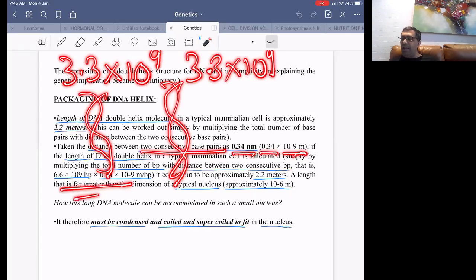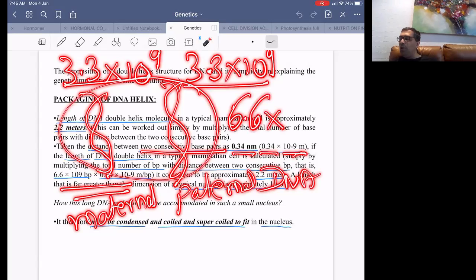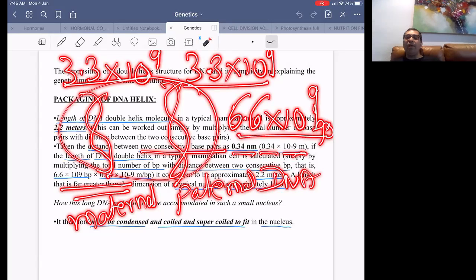So 3.3 into 10 raised to 9 maternal DNA and 3.3 into 10 raised to 9 paternal DNA. So there are two DNA threads in our cell. That is a total of 6.6 into 10 raised to 9 base pairs.